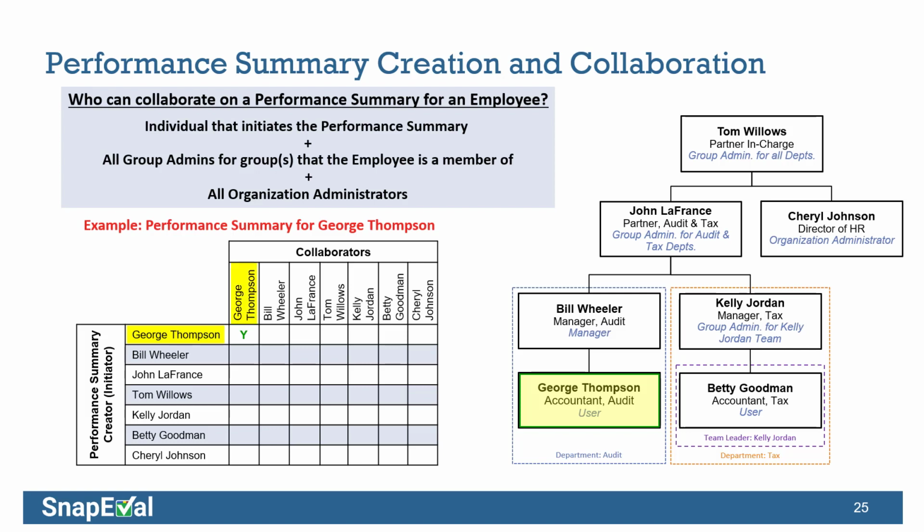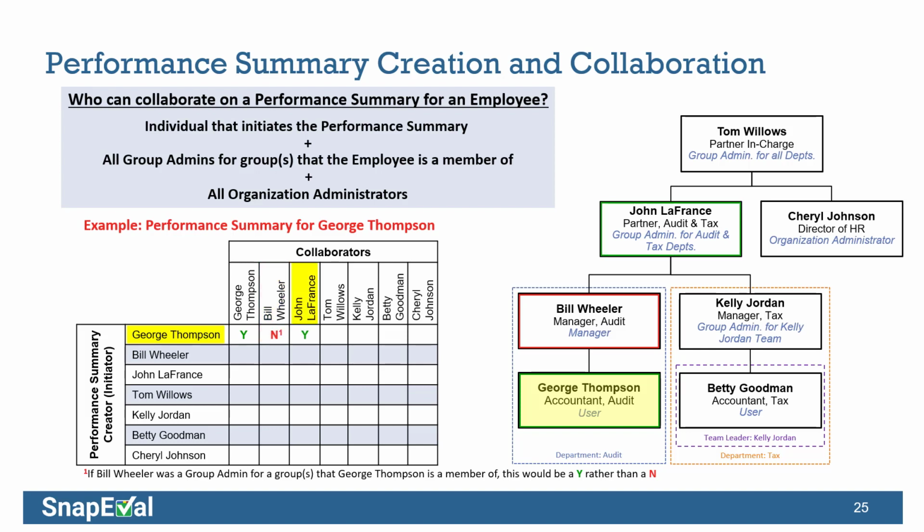Of course, George can collaborate with himself on his own performance appraisal, so that's why you see the Y here in green. Bill Wheeler is an interesting character because he only has the manager role in SnapEval. And because he does not have a group administrator role for a group that George is a member of, Bill Wheeler is not allowed in this scenario to participate or collaborate with the performance appraisal that George Thompson initiates.